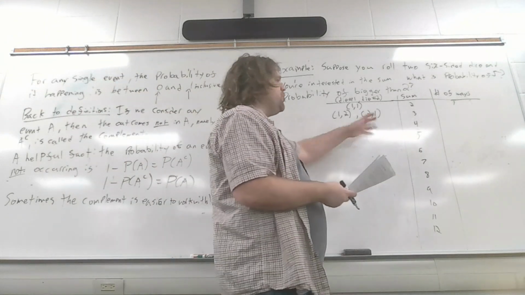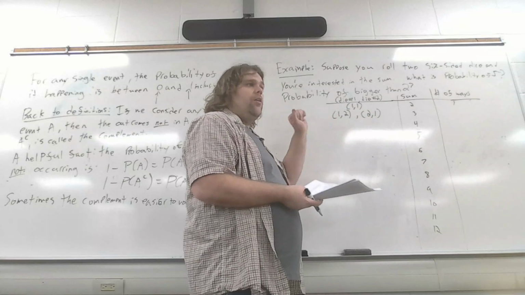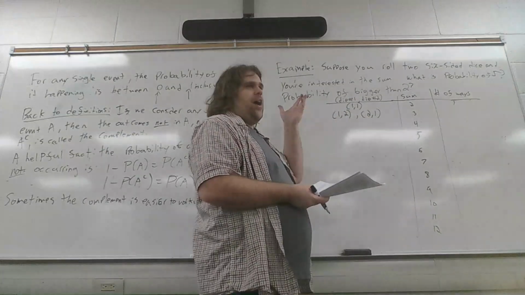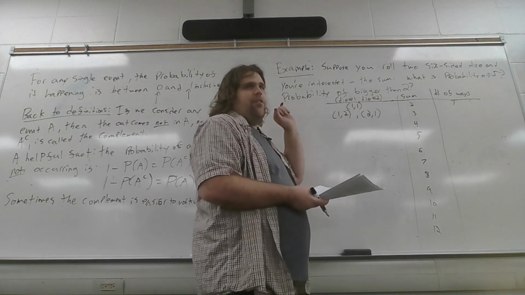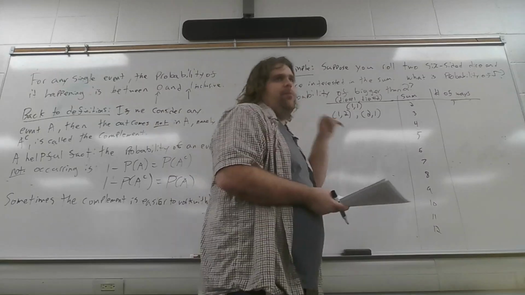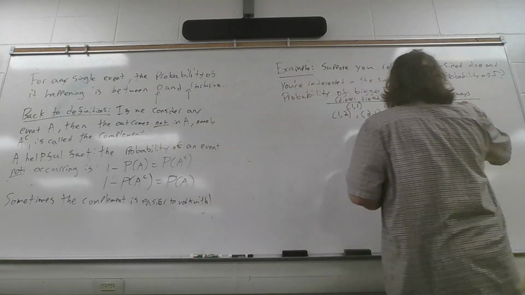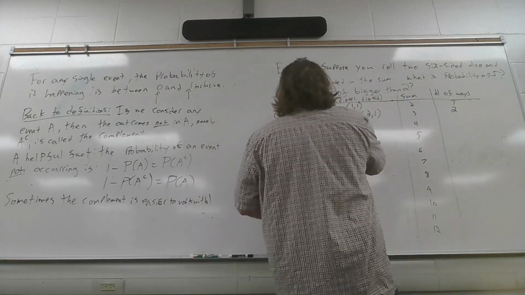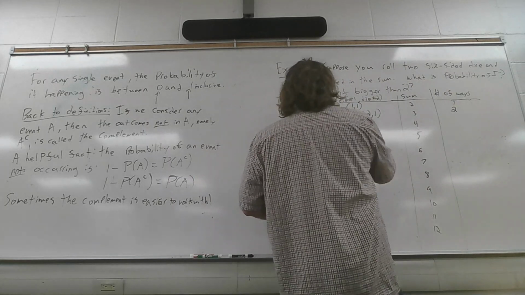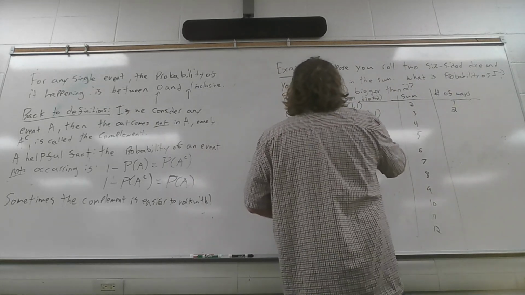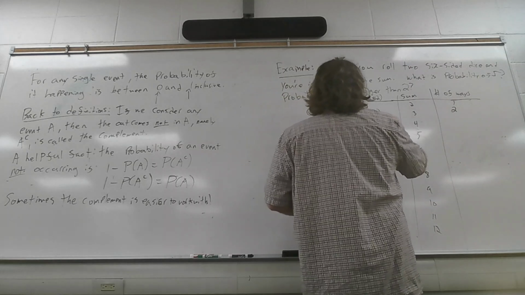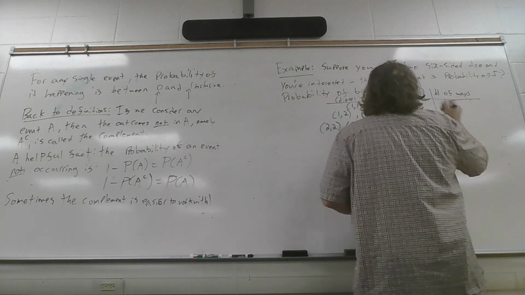Because these 2 situations can happen, right? The dice don't care that you are trying to lump them together. They don't care what number comes up. Anyway, there's 2 of those. We get 2 2s, then 4: a 3 and a 1, a 1 and a 3, and a 2 and a 2. So there's 3 ways to do that.